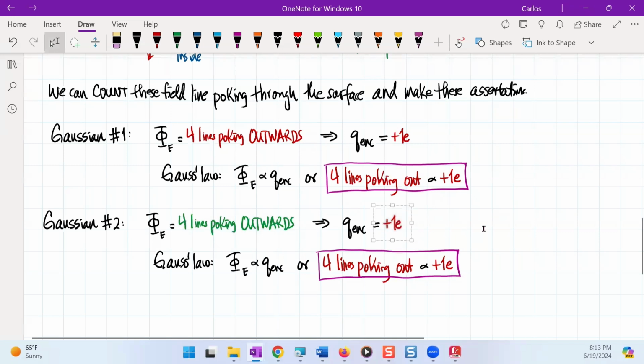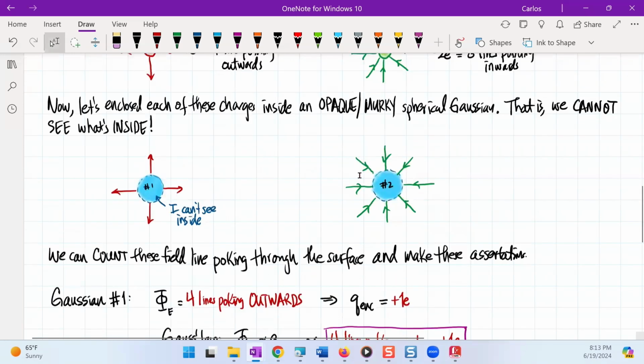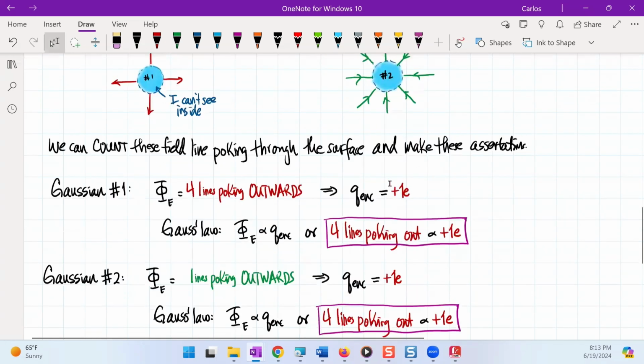If I look at green, I have 8 lines that are poking through the surface that point inwards. So in other words, I have 8 lines poking inwards, right? I immediately conclude that this now has minus 2e from our reference.